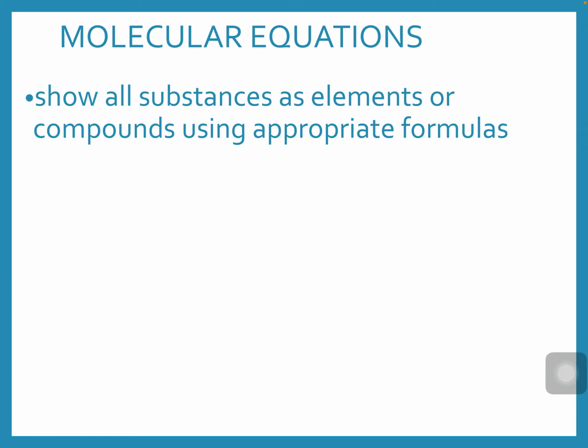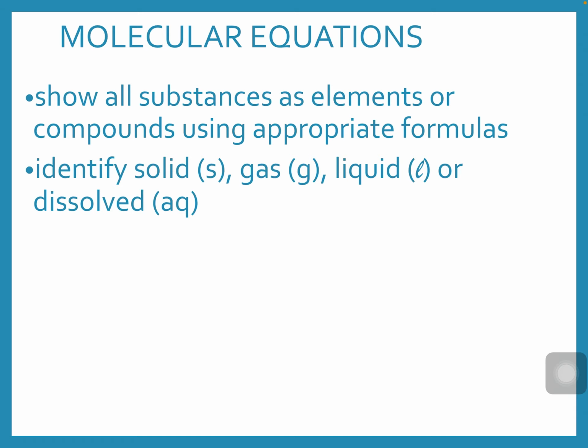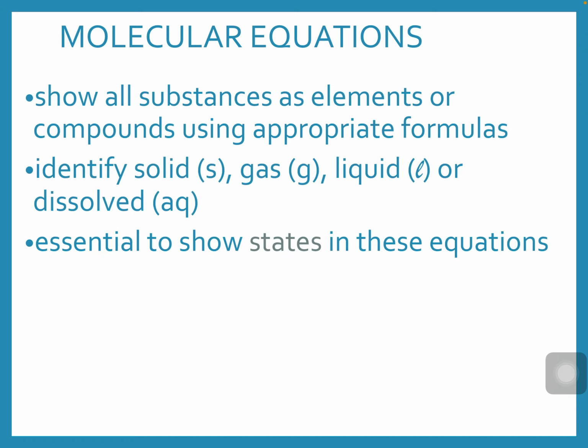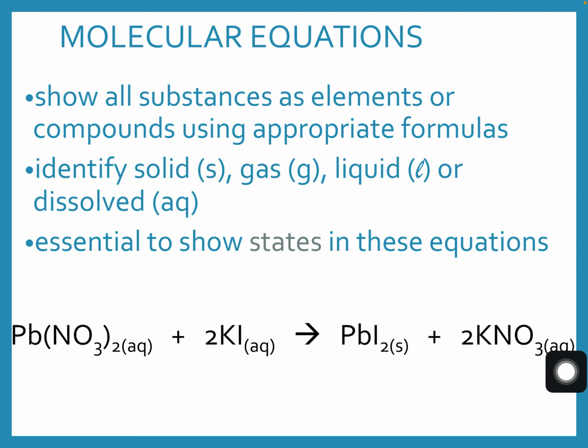Part of the point of this is to write molecular equations, and those show all the substances, elements, or compounds using their formulas. They identify the state, so solid, gas, liquid, or aqueous. And so it's important to show the states in these equations. So if I take those 4 compounds that we just identified as either aqueous or solid, if I have those in a reaction, lead nitrate reacting with potassium iodide produces lead iodide and potassium nitrate.